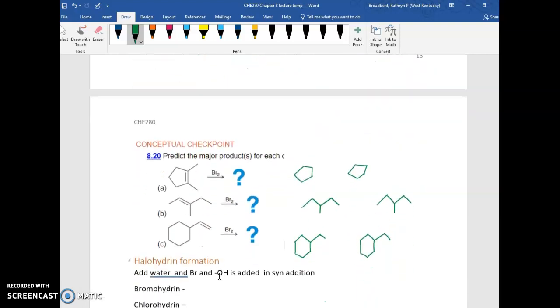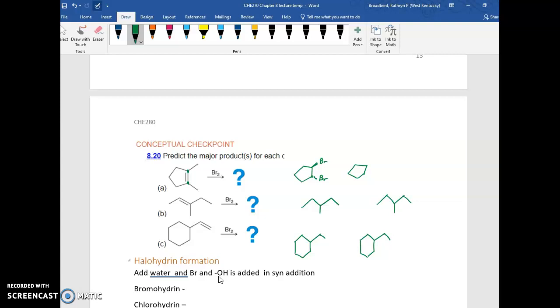So let's see what the major products would be. So we're going to add bromine to this position, and we're going to add a bromine to that position. One of them is going to be up, and the other one's going to be down. And then we can't forget that we've got these methyl groups here.